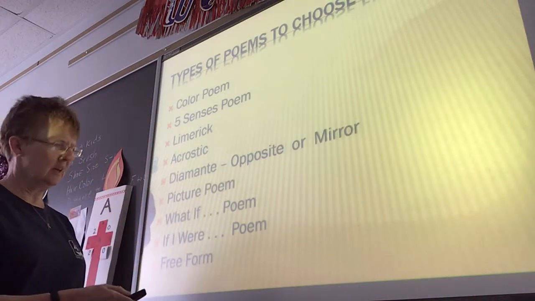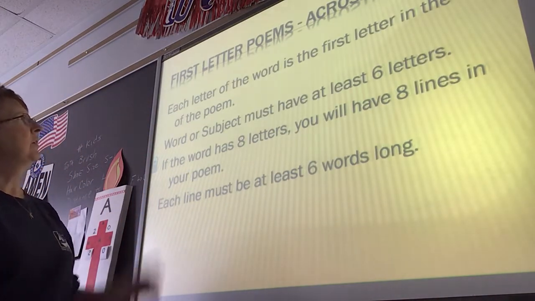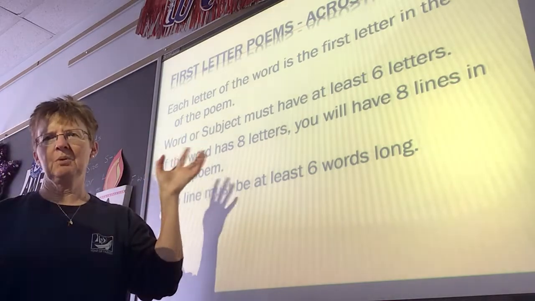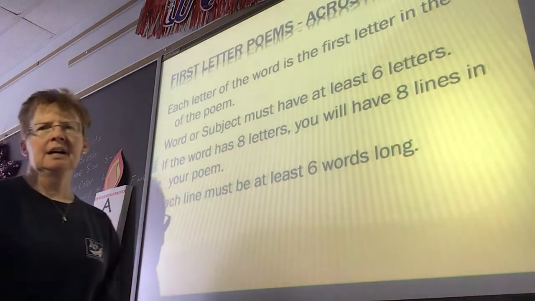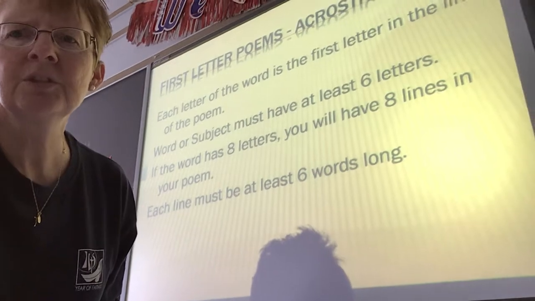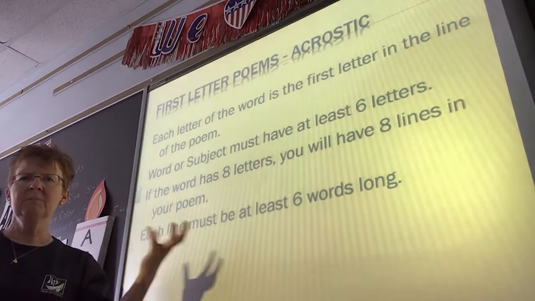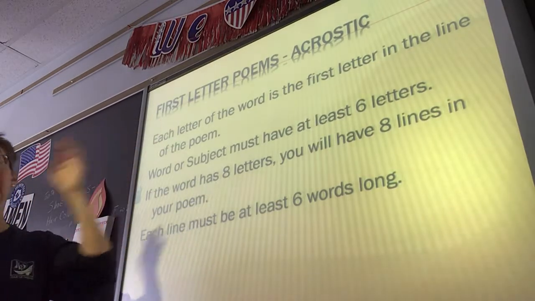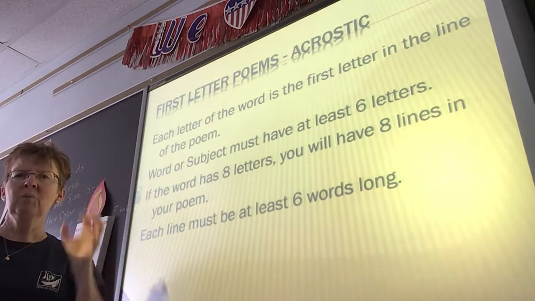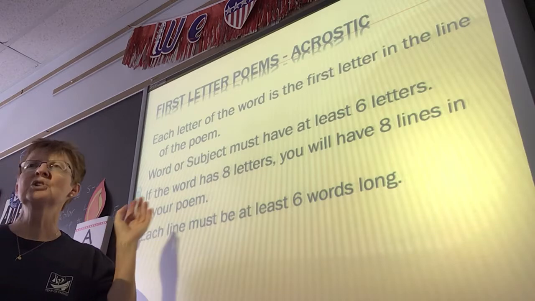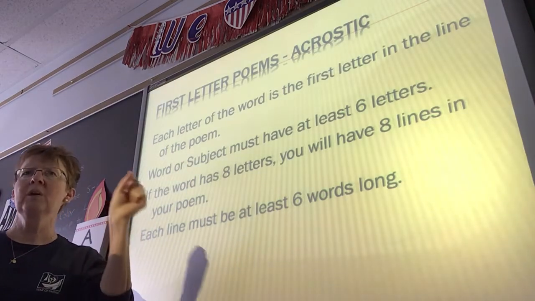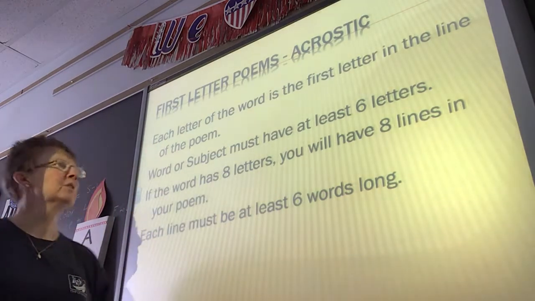So let's look at an acrostic poem. Now, an acrostic poem is a poem where you take a word or a subject, and then for every letter in that word, you start a line of your poem with a word that begins with that letter.